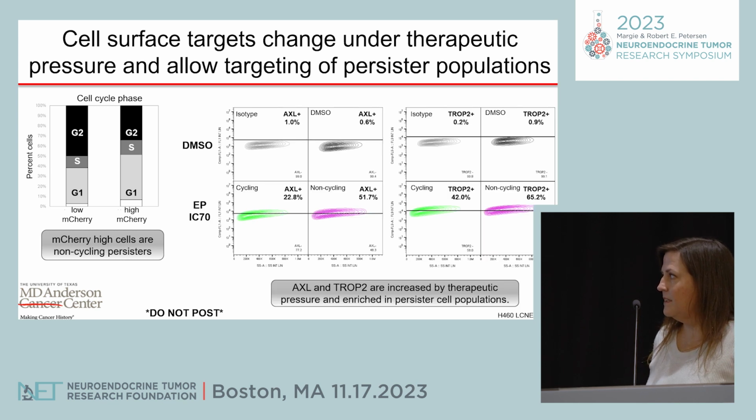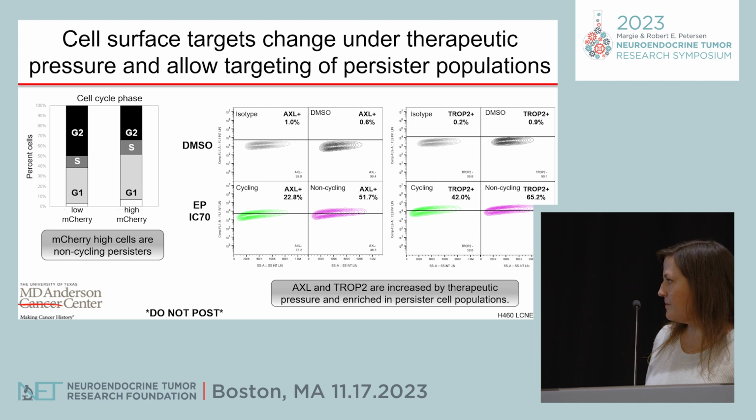And when we look at the cell surface markers in these cells following the therapeutic pressure, or in the DMSO cells, there's no expression of AXL or TROP2, but with therapeutic pressure, we see an increase in cell surface expression of both of these, and both of them are increased in the non-cycling or high mCherry cell population, suggesting that there are some cell surface targets enriched in these persister cell populations, which gives us hope of being able to target them.